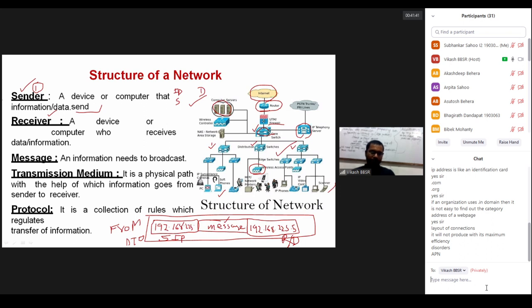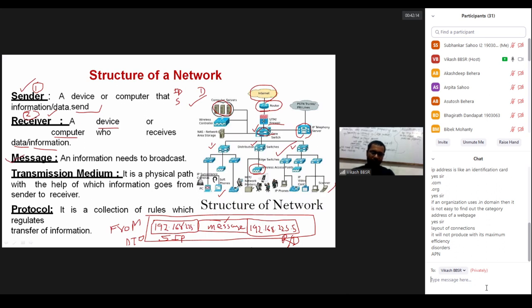Like this, the second point we require is the receiver. A receiver is a device or computer that receives data or information, because every system can be a sender and every system can be a receiver. Those who send the data, message or information are called the sender, and those who receive are called the receiver.